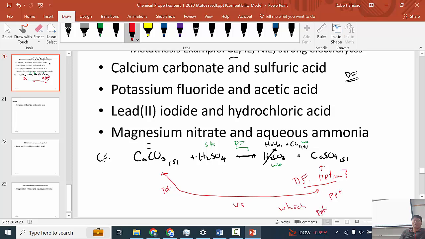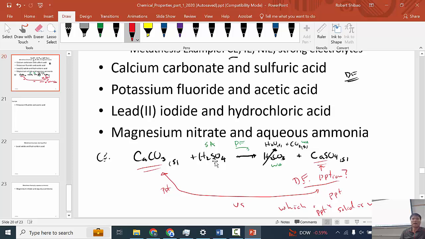Or which solid is more stable? If there was no solid on the left, that is, if both of these were aqueous, then the precipitation would be a driving force. But what we're doing is sacrificing one solid for another. We don't know if the new solid is more stable or less stable. Does that make sense? So this is what we call solid to solid.